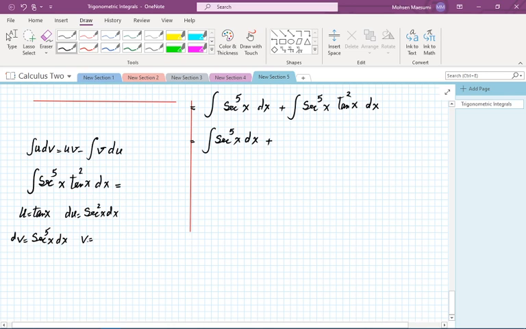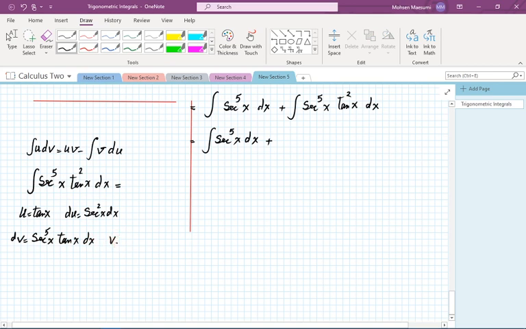Well, let me make a correction here. I didn't write this thing completely. We have left u is tangent of x, and dv, the leftover, is secant to power of 5 tangent dx. So I was missing tangent of x dx.